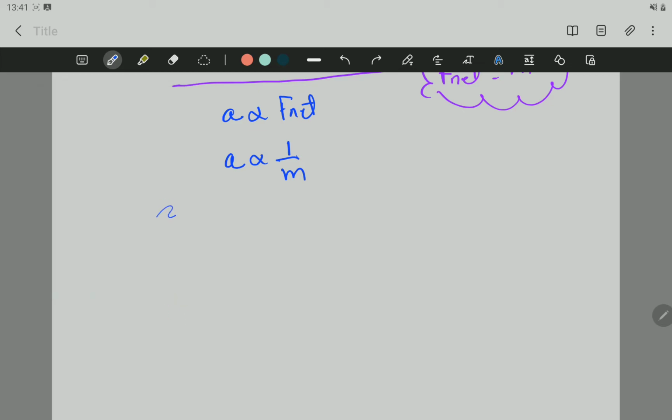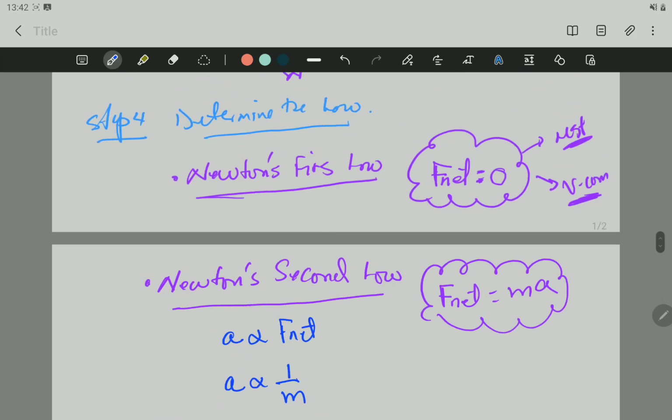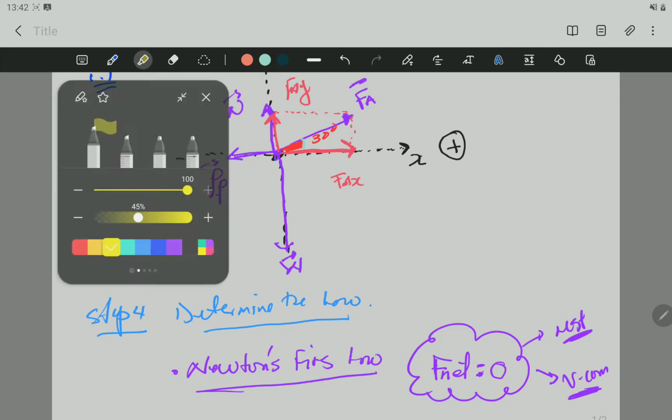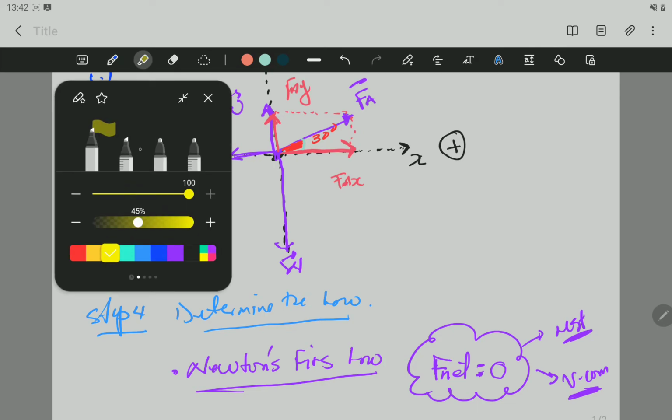Newton's first law states that F net is equal to 0. Now I am working in the x-axis because the question asks us to calculate the frictional force, and the frictional force is in the x-axis. So I'm going to see what forces I have in the x-axis.